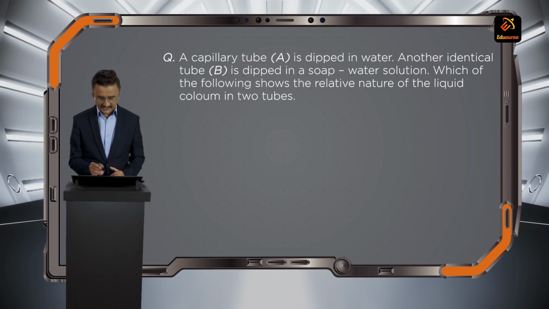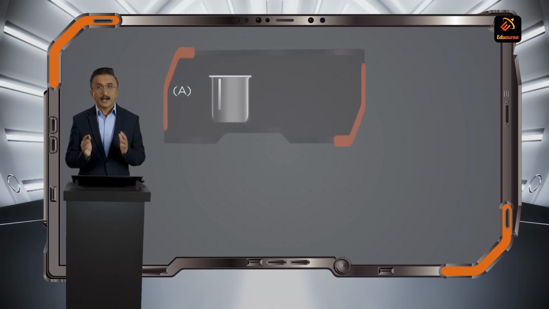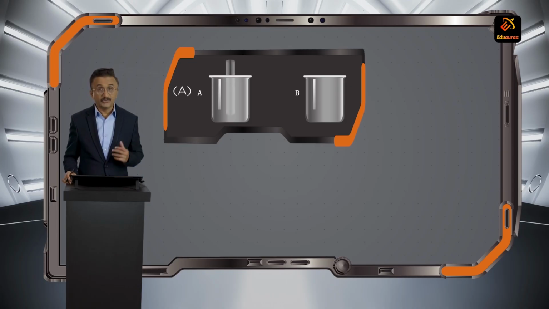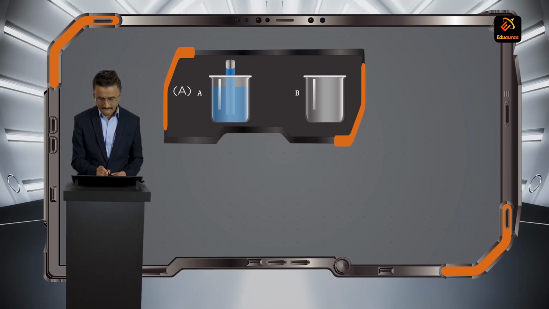In my first case, option A, I have the two containers, the first container and the second container, which are called A and B. The capillary is immersed in A and the liquid rises up to a certain height, and the surface is concave.